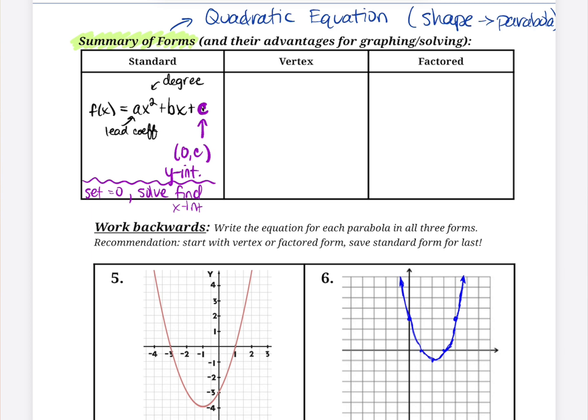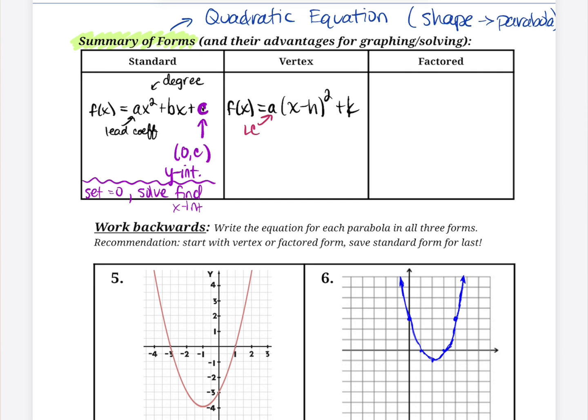Okay, vertex form. That's when you've got a function equal to a times x minus h squared plus k. Notice the leading coefficient is the same situation. The a value in every variation of the same quadratic is going to be the same a value, because it's just different forms of the same equation.